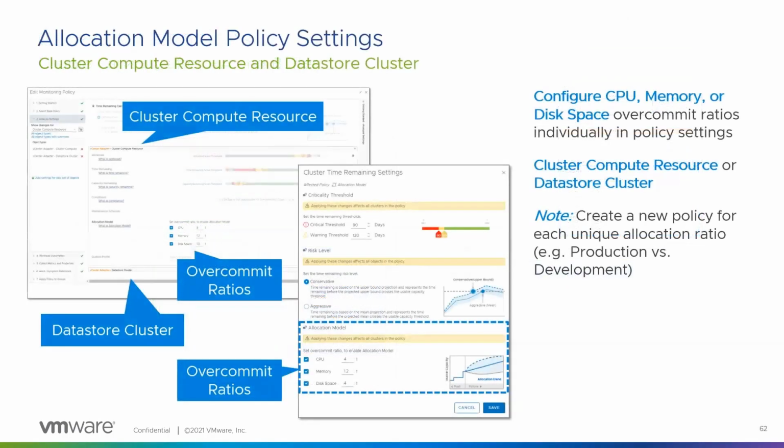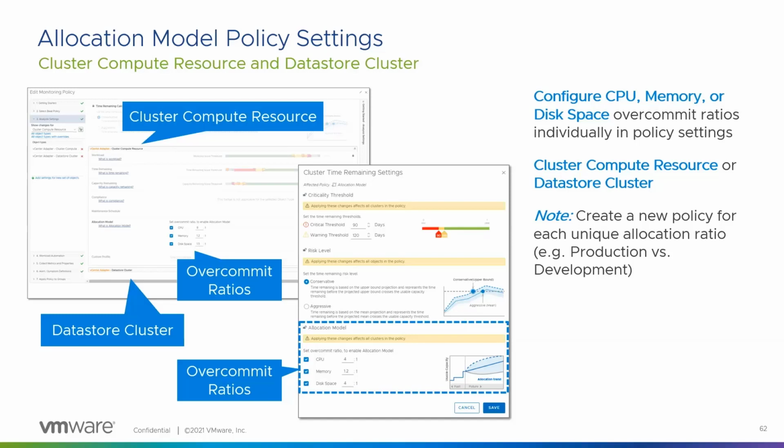And then the other option was the allocation model. You can enable that on the cluster capacity settings as well. There's a section there for allocation model. You just need to untick the lock and then set your overcommit ratio. You don't have to set all three. You can just set CPU and leave memory and disk space as demand if you wanted to.